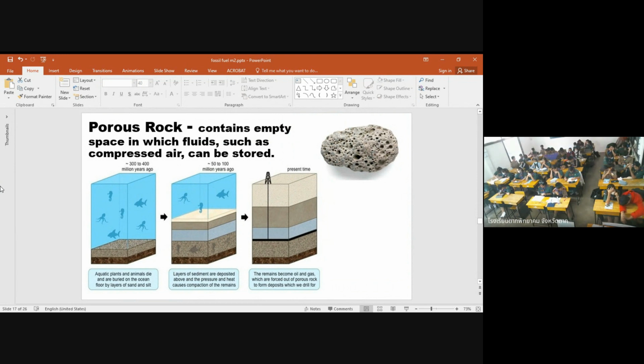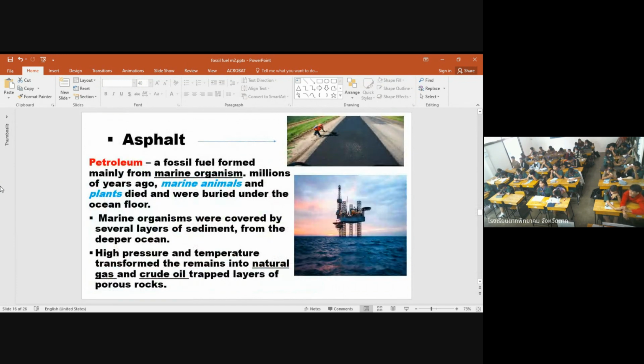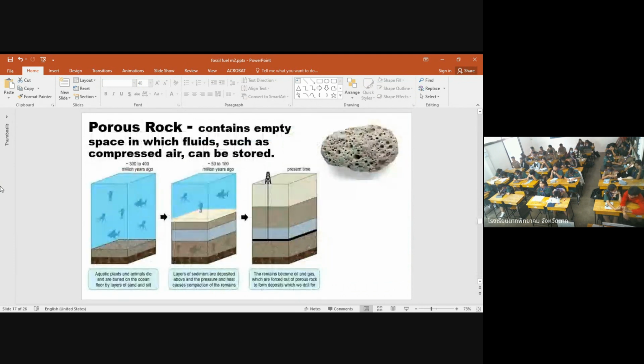So we discovered petroleum from those dead marine organisms. Today, the remains became oil and gas, which are forced out into porous rock to form deposits which we will drill for.